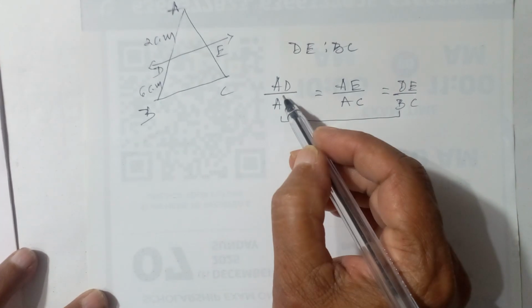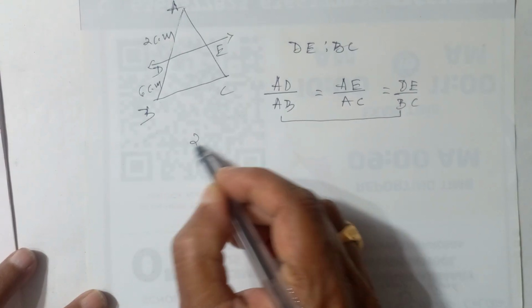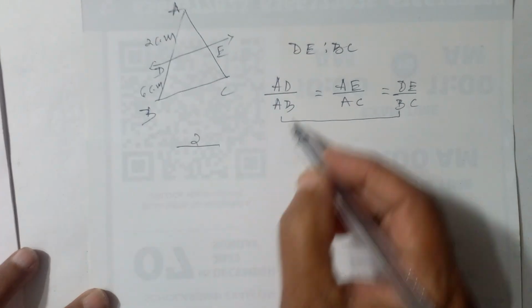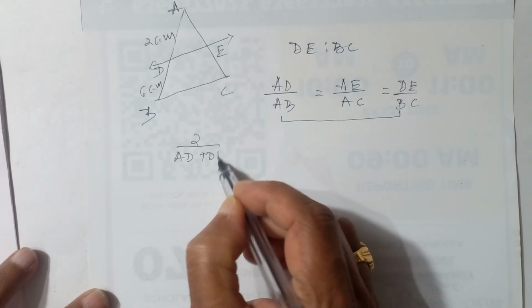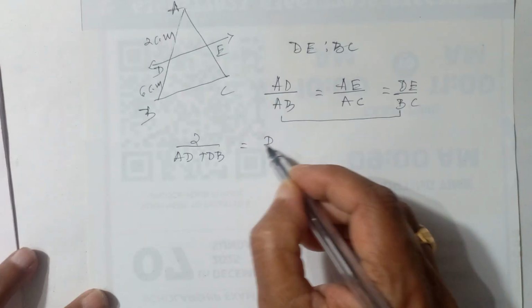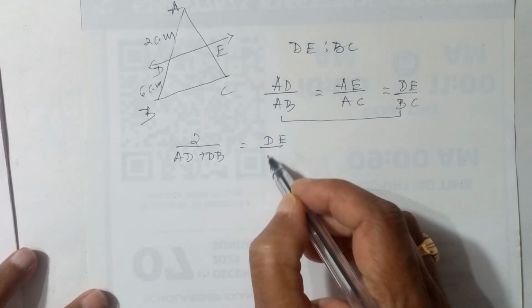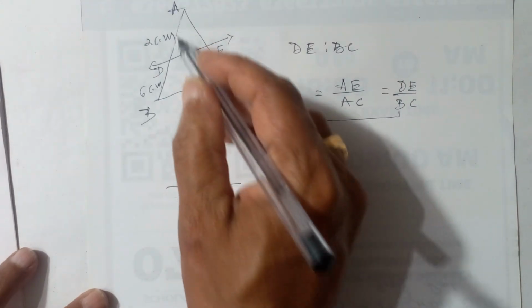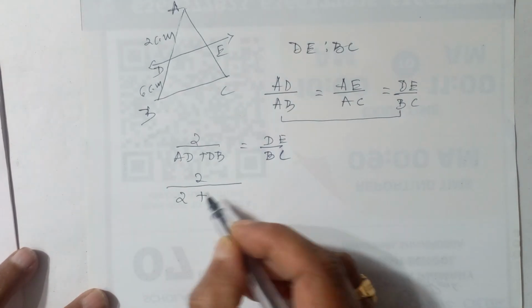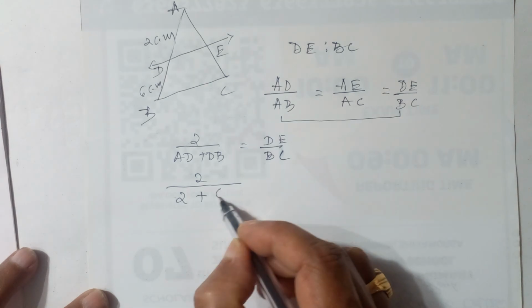Why? AD is given, 2 centimeter, by AB, which can be written as AD plus DB, is equivalent to DE by BC. What is the length of AD? That is 2 centimeter. What is the length of BD? It is given as 6 centimeter.